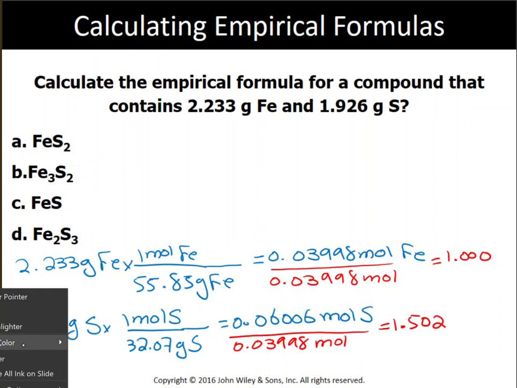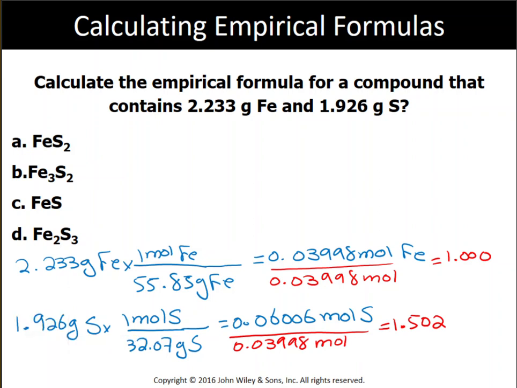For iron, we're good because we have a whole number. However, for sulfur, 1.5 is too off. So if you're 0.1 or 0.2 over or under, you can round either up or down. But from 0.3, it's too much. So now we're 0.5 off.